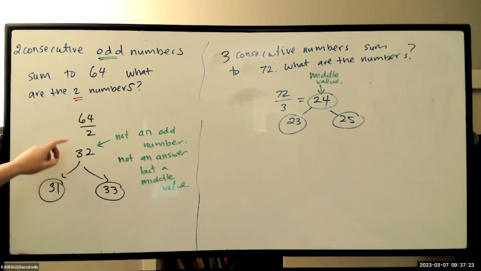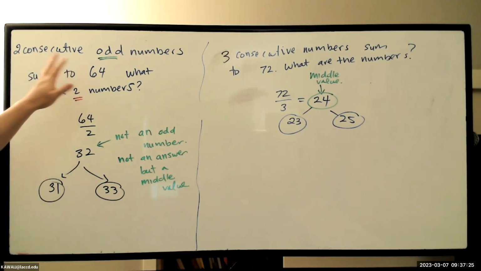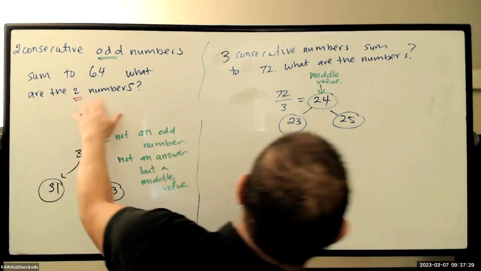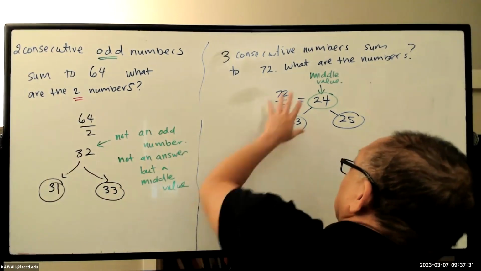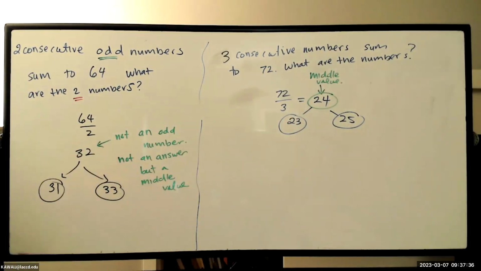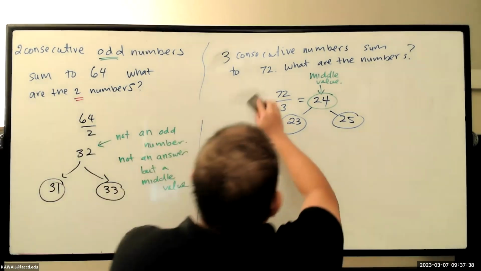Okay. Now, it doesn't matter whether it says consecutive odd or consecutive even. You want to divide by how many numbers they state, and then look at the question. So while you're copying that one, let me do this one.